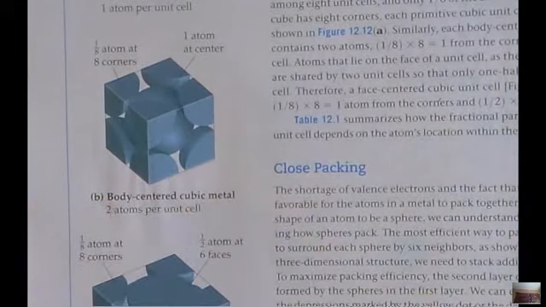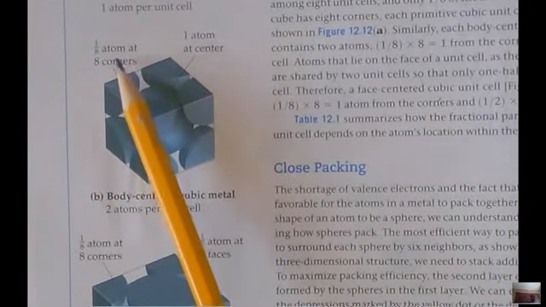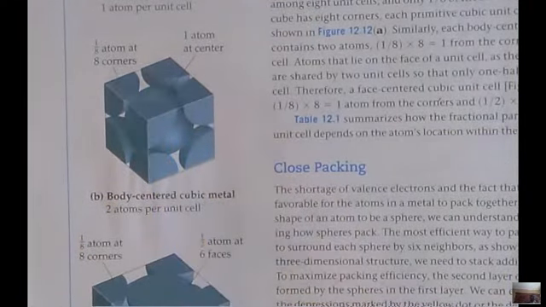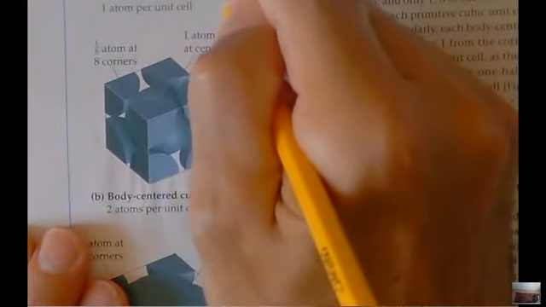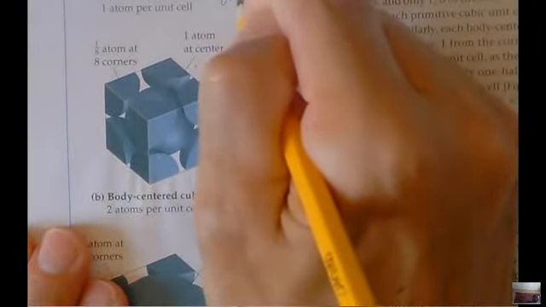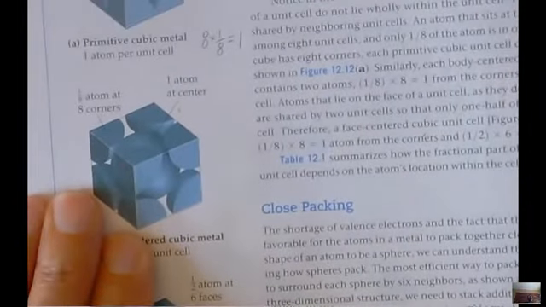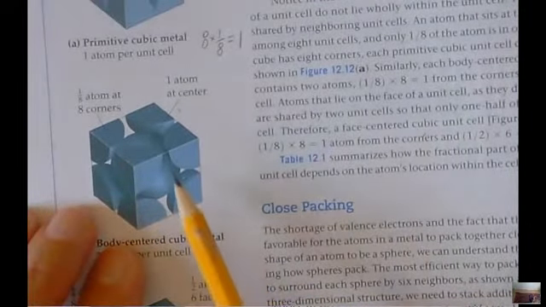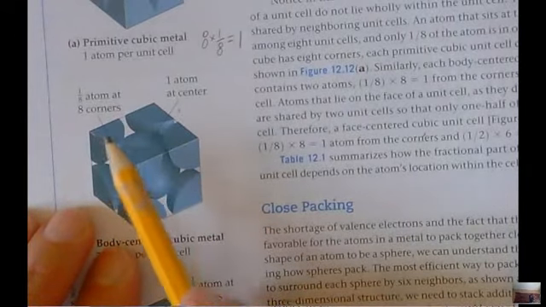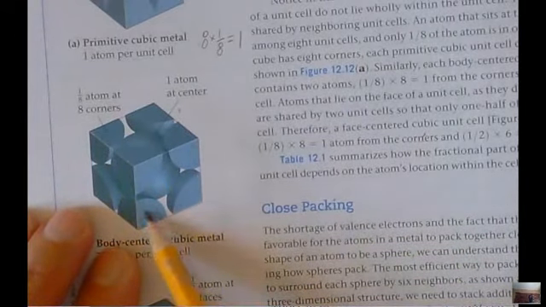Here's the body-centered cube. Well, we still have our 8 times 1/8 going on, so that would come over here as 8 times 1/8 equals 1. So we've got 1 atom so far in the cell. But we've got another atom that's right smack in the middle of this cubic cell.